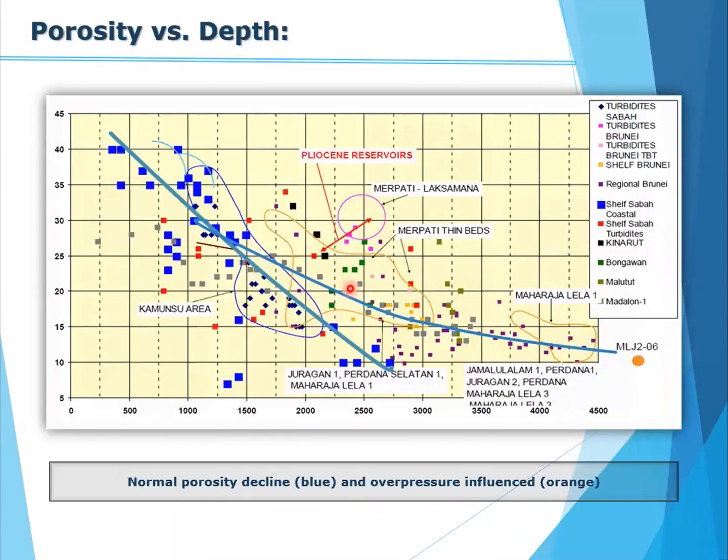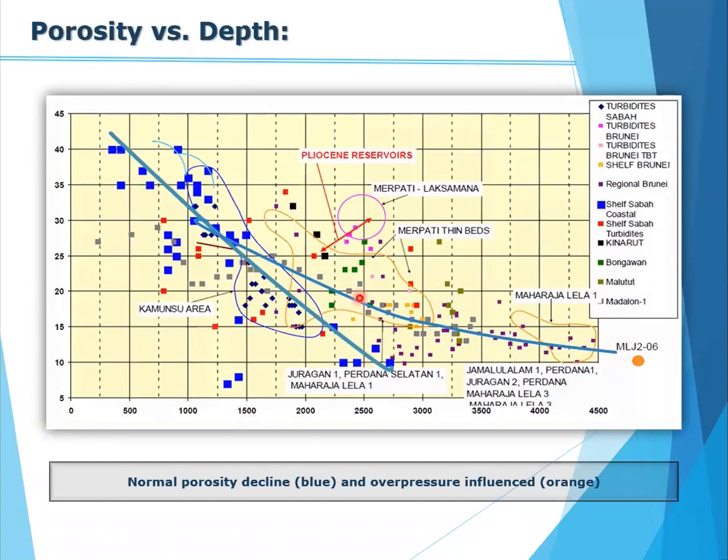And here is a very nice, beautiful data scatter, from a Total study, I believe. We see two gradients: a straight gradient and a curved gradient. The straight gradient is the one you would expect, mostly in water drive systems. The curved line is for the typical deepwater settings, which are high pressure and low temperature.